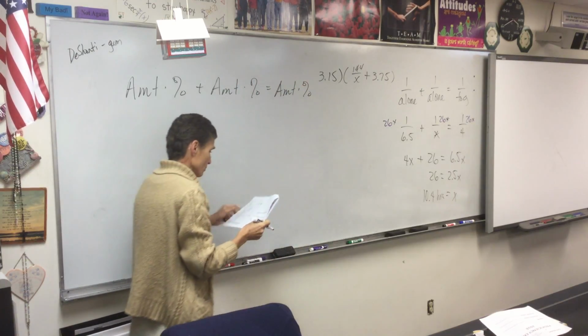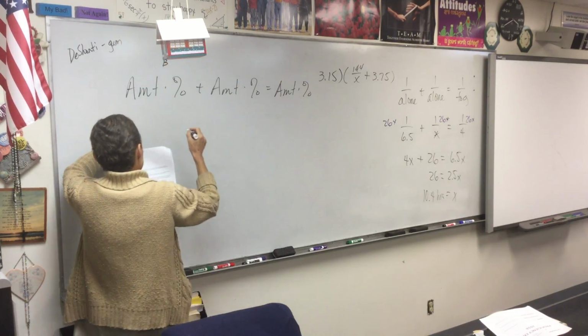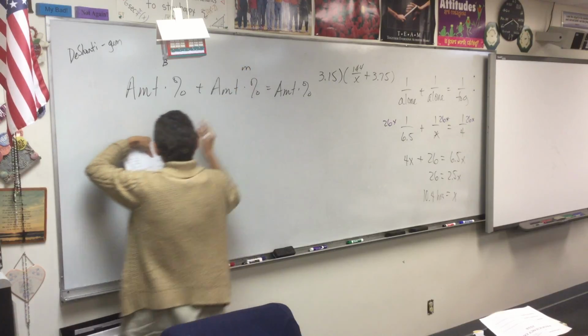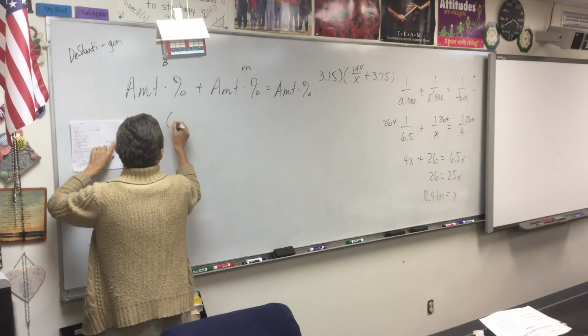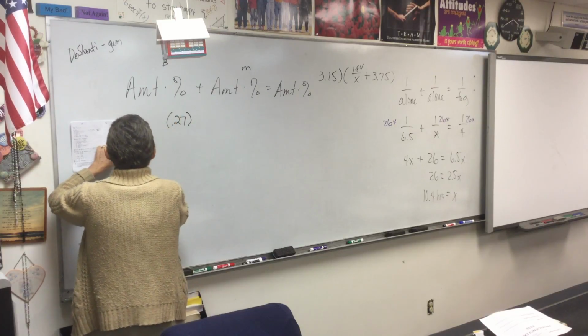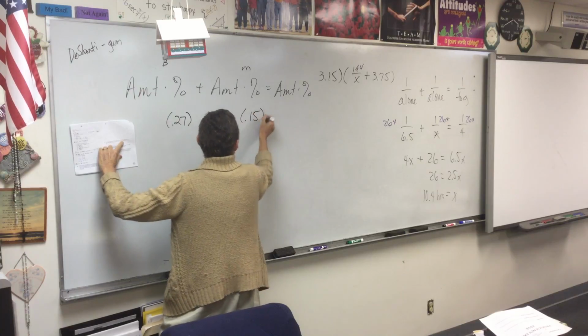All right, here we go. What goes where? Okay, so this will be Bob's, and this will be Max's. Bob likes his lemonade to be 27%, and Max likes his to be 15%.